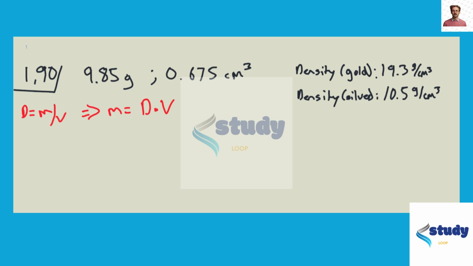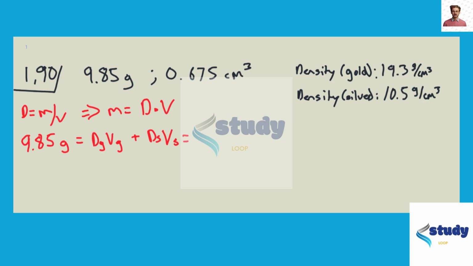Using this, we can say 9.85, which is our mass, is equal to the density of the gold times the volume of the gold plus the density of the silver times the volume of the silver. When we combine those two together, we should get the mass of the jewelry.